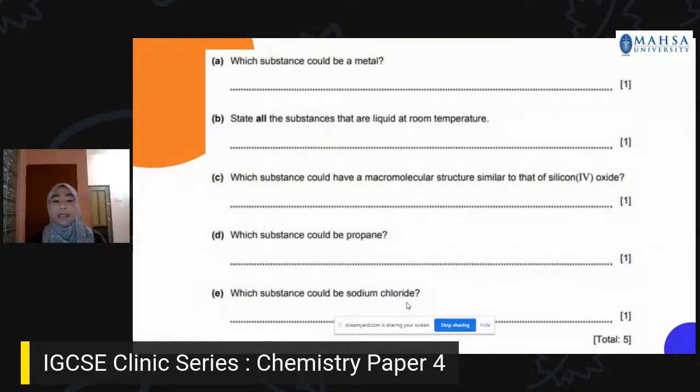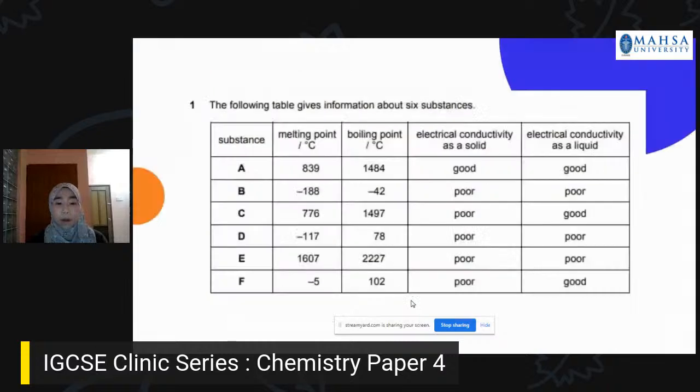Na plus and Cl minus form an ionic bond. Knowing that, ionic bonds have a high melting point and boiling point. But maybe you cannot differentiate from here because we cannot say which is high or low, but you can see the ionic bond in terms of conductivity.